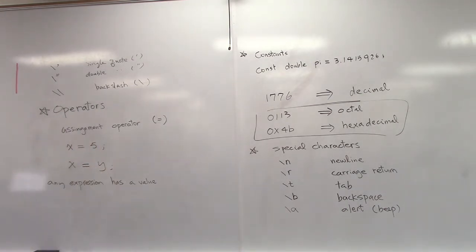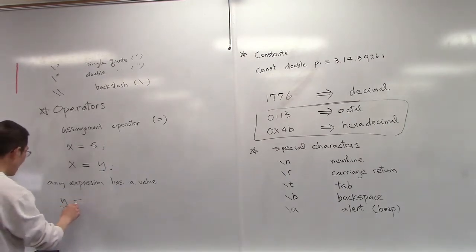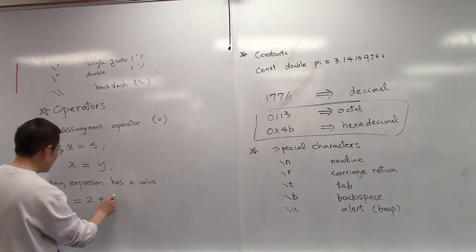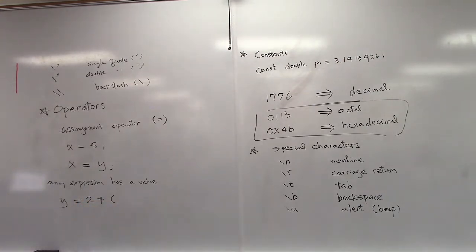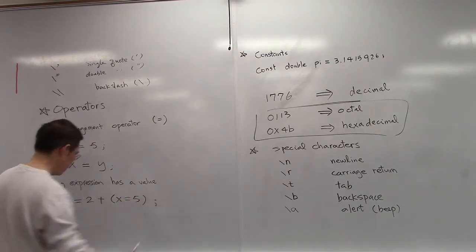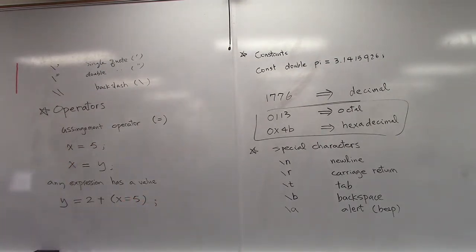Because of that, it is allowable to write this: y equals 2 plus parentheses x equals 5. Okay? It makes no sense if you read it in the typical mathematical expression.